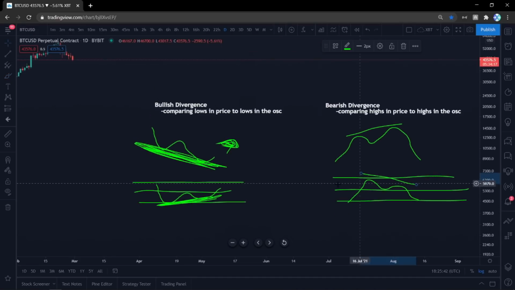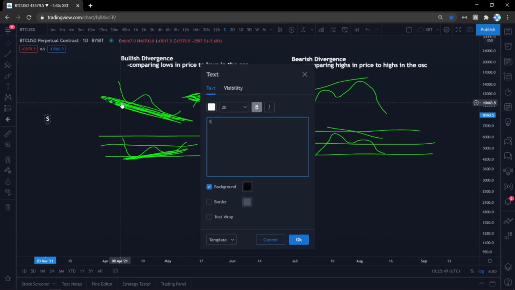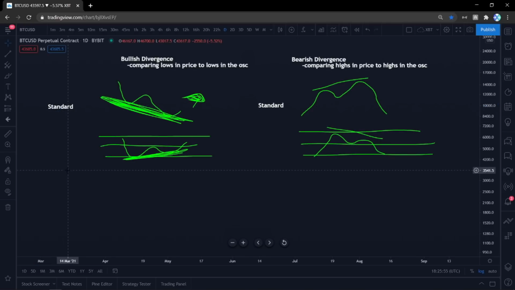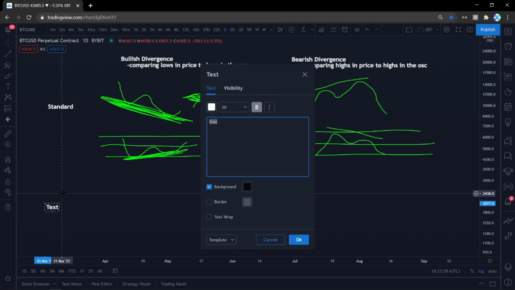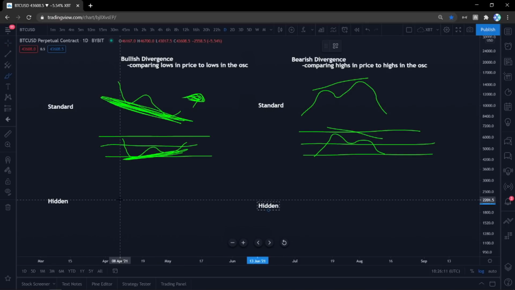Now, where it gets confusing is standard divergences versus hidden divergences. So these are your standard divergences right here. Now there's also hidden divergences. So a hidden divergence is going to occur when the price actually is creating a higher low.